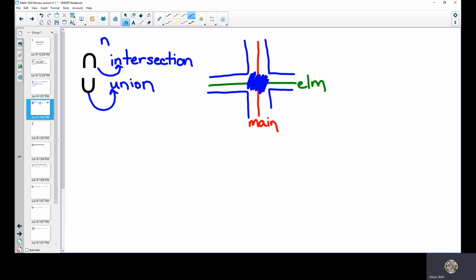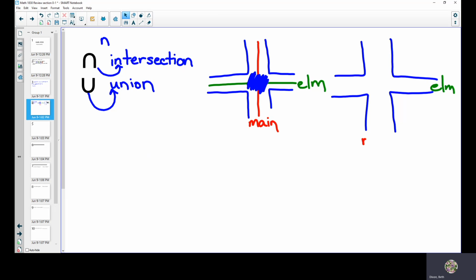A union of Elm and Main would be all of Elm and all of Main.